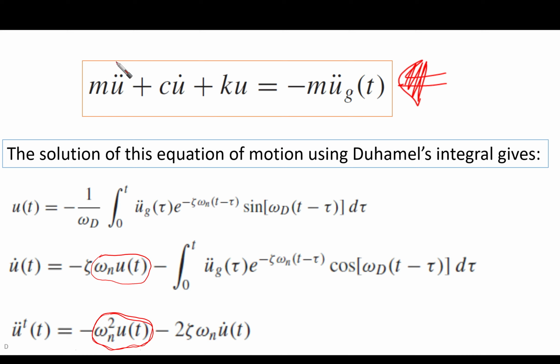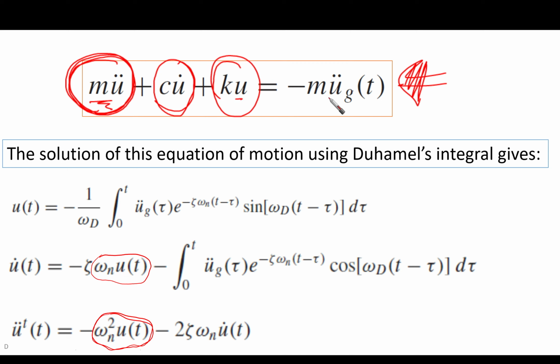Then we have the damping term, c times u dot, plus the elastic force term, k times u. On the right-hand side, for ground excitation, we have the minus sign and m times u double dot g. This is explained in detail in the previous two videos. This is u double dot g, and this is u relative. If we put them together, we obtain u total.